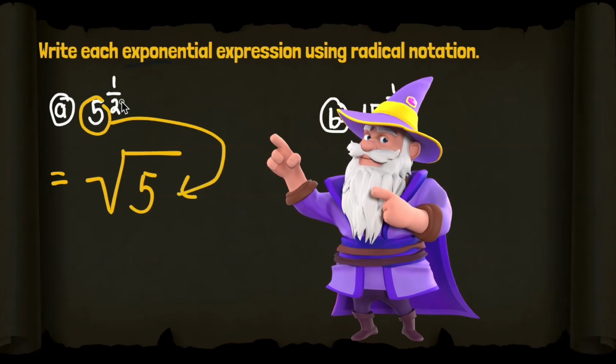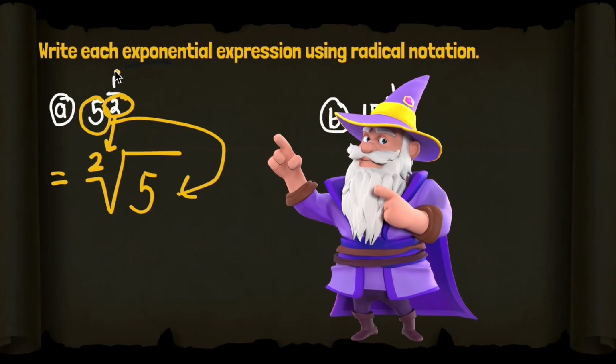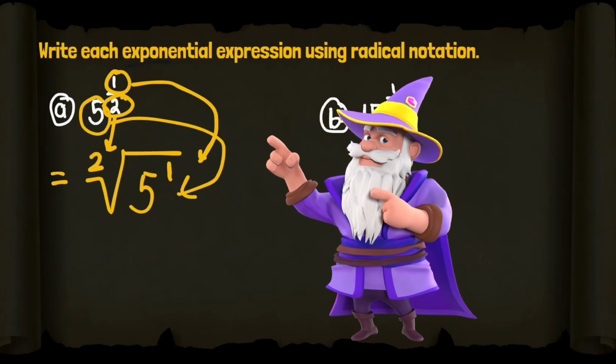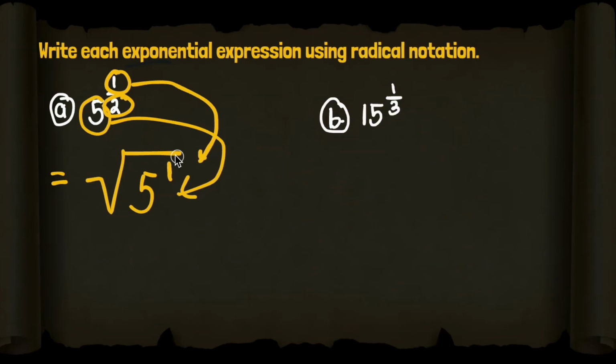Of course, this denominator, we will write it as our index, and the numerator, we will write it as our exponent ng 5. Ito yung isang form niya. Pero kahit hindi mo na ito isulat, bakit? Because this is a square root. Of course, itong 1 na to, automatically we can remove it as well. So, therefore, the other form of 5 raised to 1 half is square root of 5.